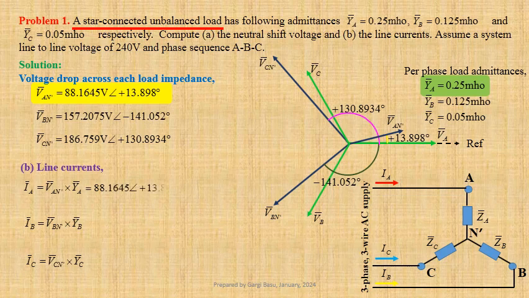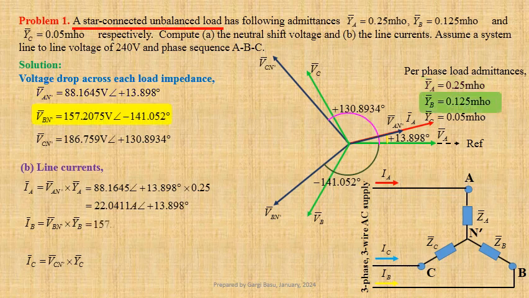88.1645 at an angle plus 13.898 degree into 0.25, that gives us 22.0411 ampere at an angle plus 13.898 degree.